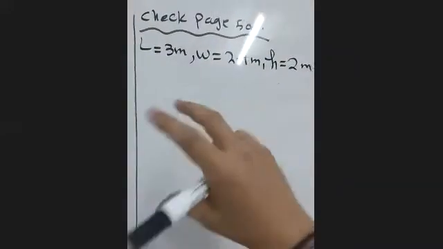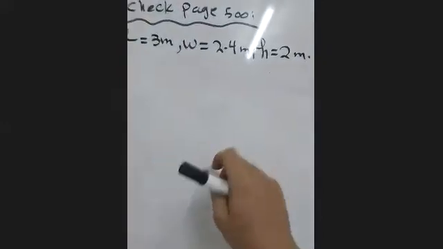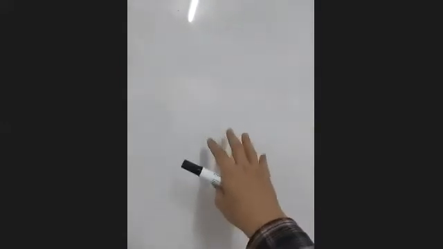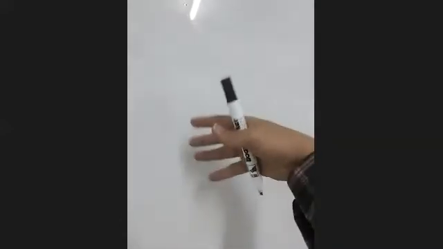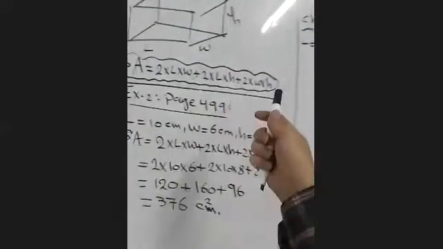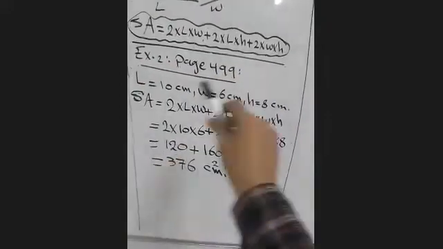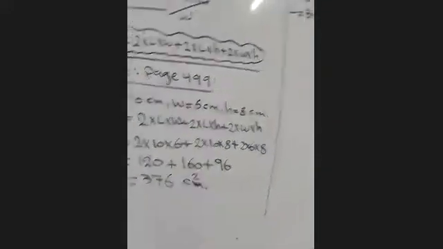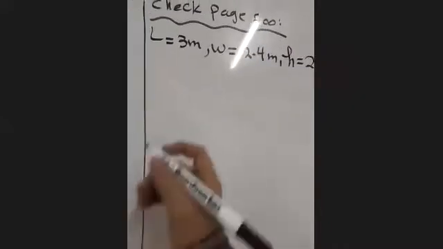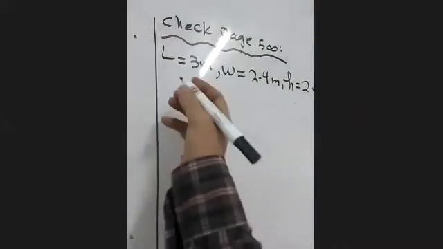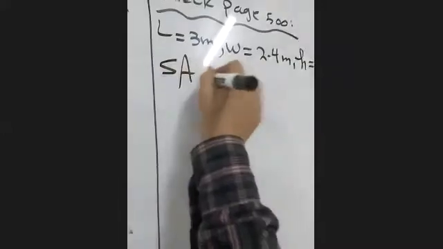The book takes this rectangular prism and makes it as a net, and then it wants us to find the surface area by finding the area of each figure in the net. But using this formula, guys, we can find the surface area directly. So we'll start with the formula, Mr. Shukri. What is the formula?